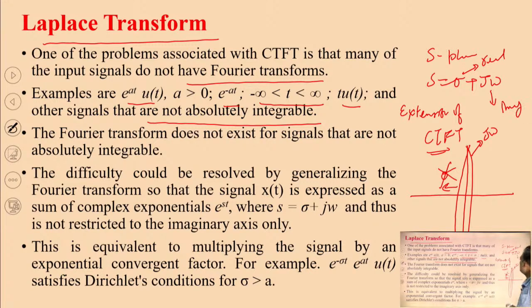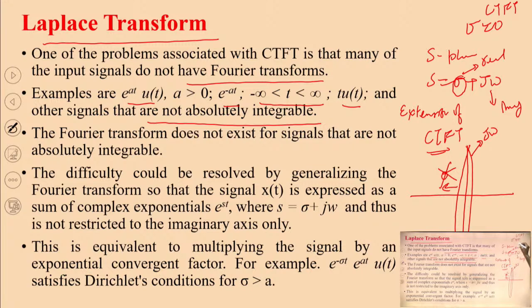In case of CTFT, this sigma is 0, because you are working on the j omega axis. So when sigma equals 0, it becomes CTFT.